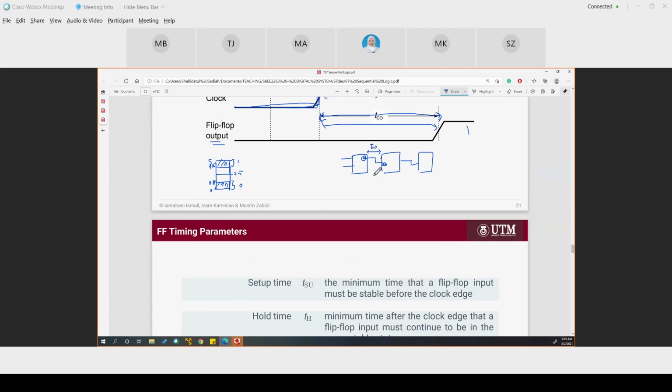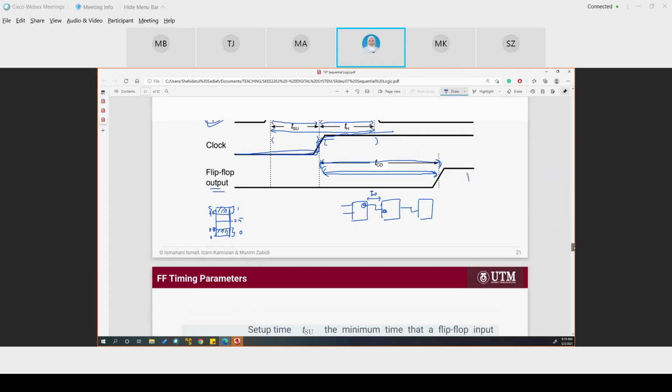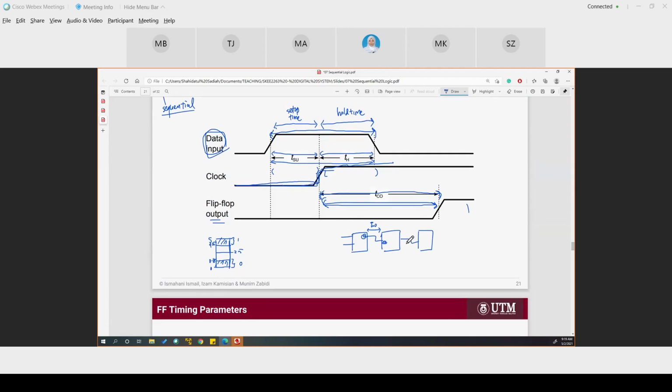To ensure that the circuit is synchronous, we have to take the output that is within this range, within this clock timing. Same goes to here. Maybe this is TCO1, this is TCO2.